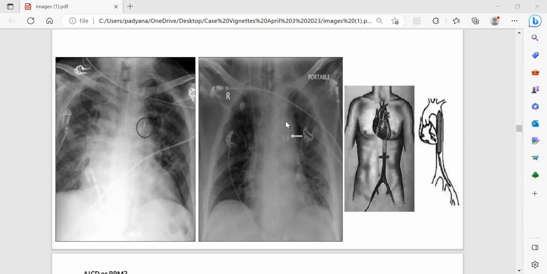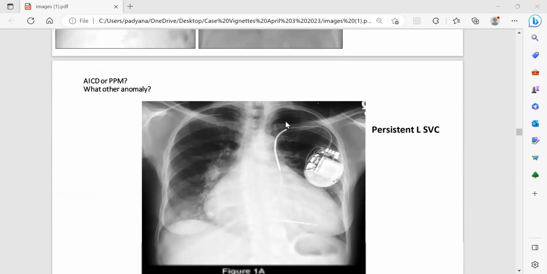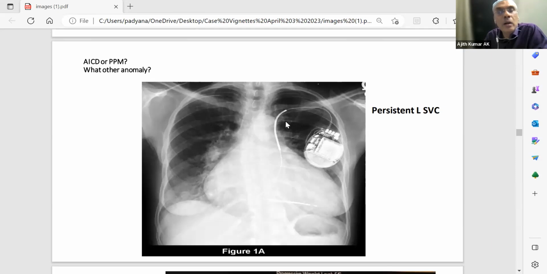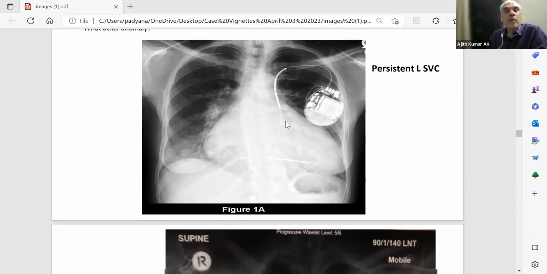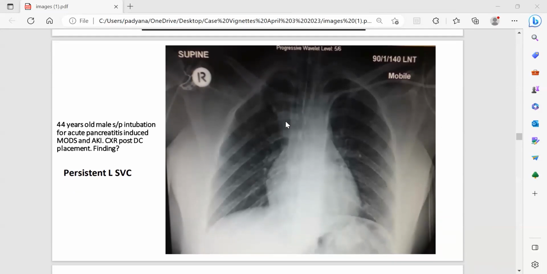Below the subclavian, yes. Single chamber, please. This is single chamber, no? Yes, but it has gone through the wrong pathway than expected. That's good.